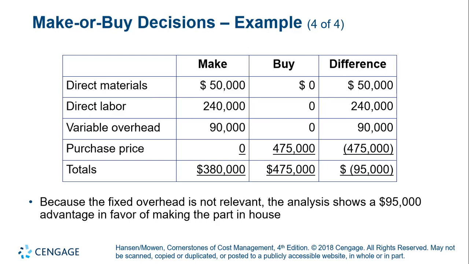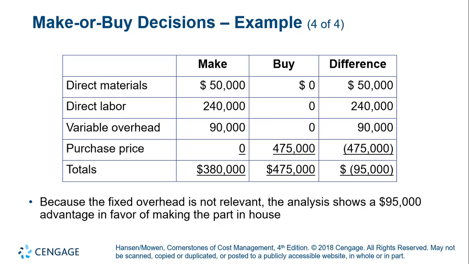Now take note that we excluded fixed overhead. Though it's not avoidable, the fixed factory overhead was already charged to the regular production, while this one is your make or buy production.